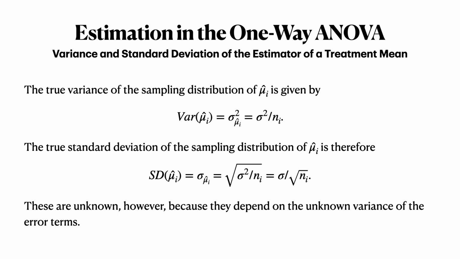It is equal to sigma, the standard deviation of the model error terms, divided by the square root of n sub I. Now, these are unknown because they depend on the unknown variance of the error terms.